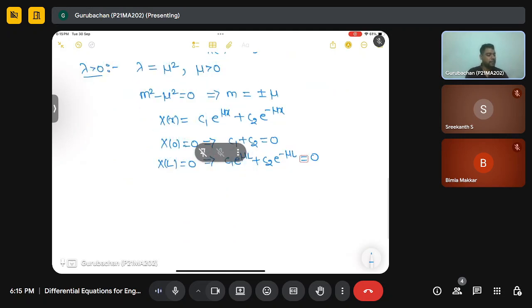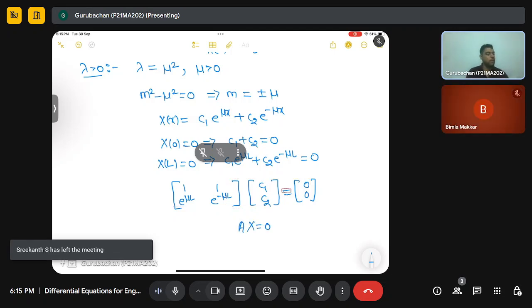If you write this system in matrix form, you will get the matrix 1 1, e to the power mu l, e to the power minus mu l, times c1 c2, equal to 0 0. This is a kind of system Ax equal to 0, or you can say null matrix.